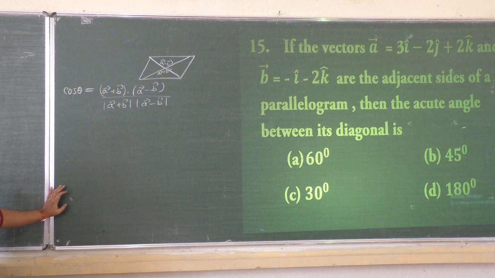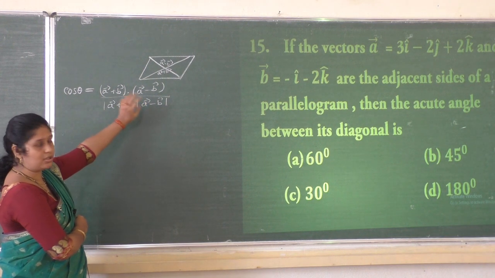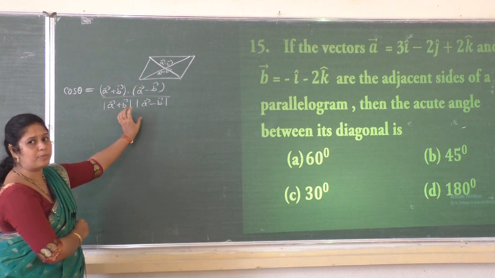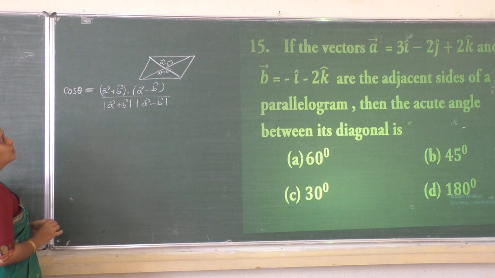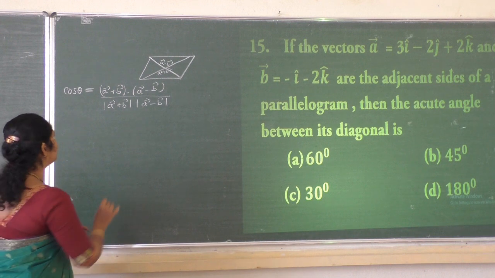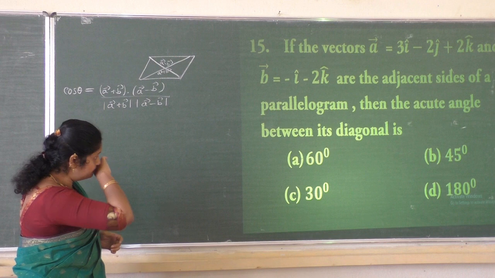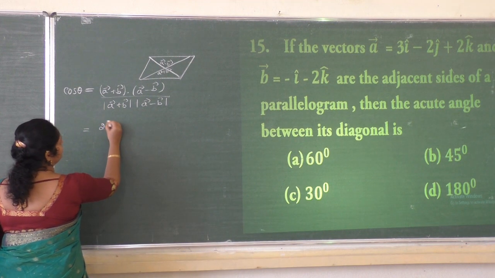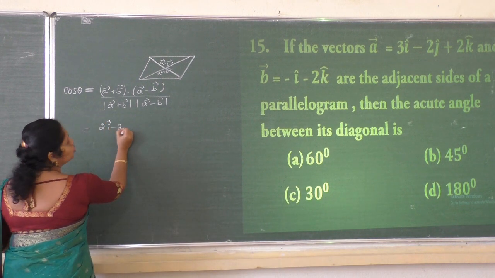There is a formula. So cos theta is equal to the dot product of the two vectors representing diagonals by the product of the magnitudes of those diagonal vectors. Okay, now let us write vector A plus vector B. Vector A plus vector B we can calculate, that is 2i cap minus 2j cap.